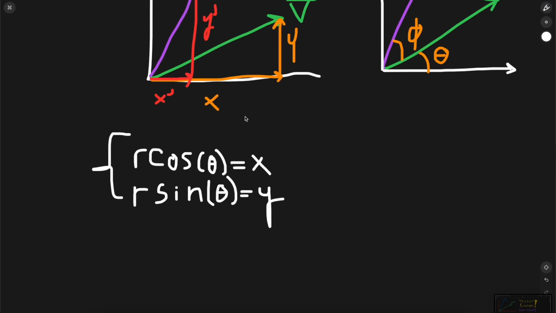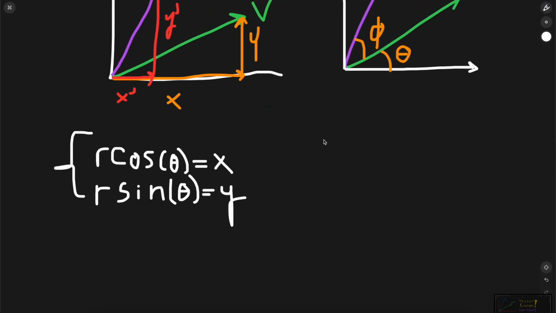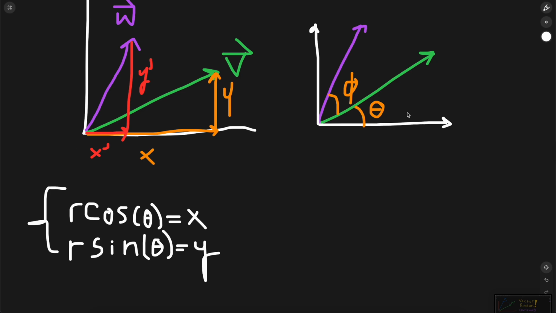All right. But what about x prime and y prime? Well, notice they're a little different. We're not just taking the angle phi between them. We're taking phi plus theta. Now this is the critical part here. When we want to describe x prime, same kind of logic. It's still our cosine, but this time it changes. It's not just theta anymore.